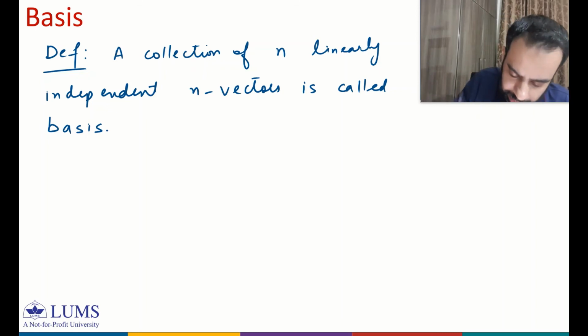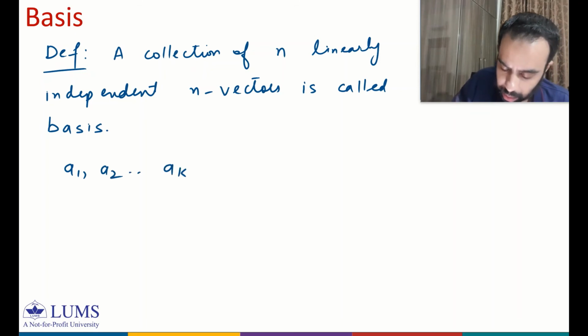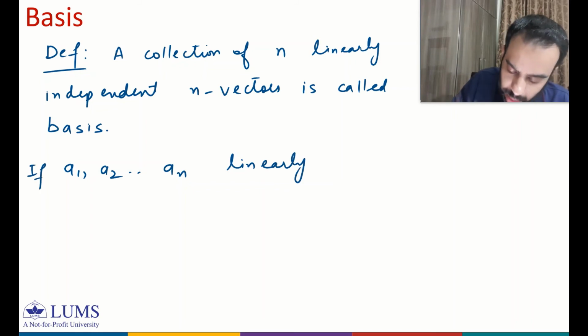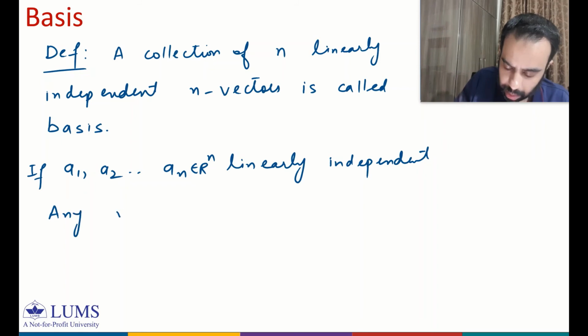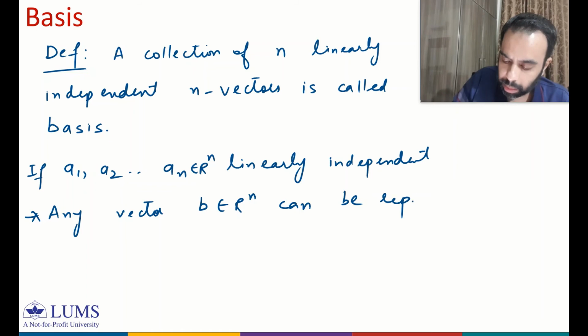So if we have a1, a2, ..., an linearly independent, each belonging to Rn, that simply means that any vector b belonging to Rn can be represented, and the important thing is, uniquely.